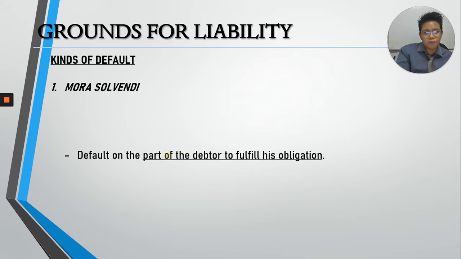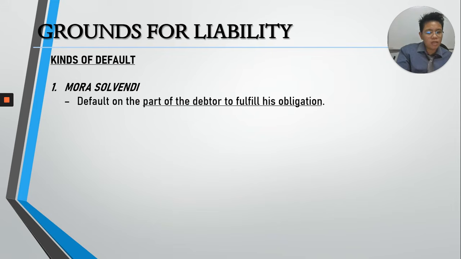So mora solvendi is a delay or default on the part of the debtor to fulfill yung obligation. So here, debtor is in delay. So it is mora solvendi ex re in case of real obligation, mora solvendi ex persona, debtor's default in personal obligations.